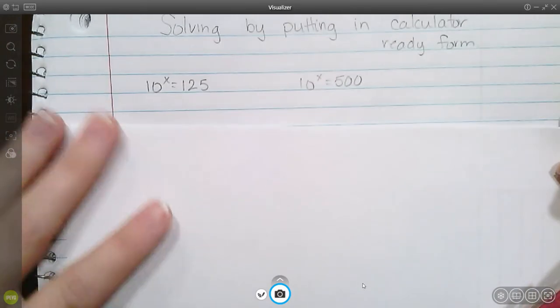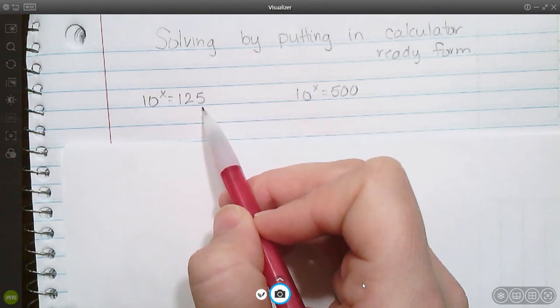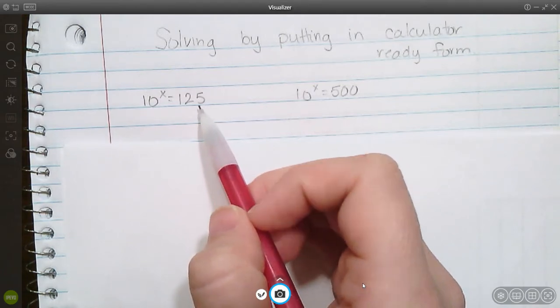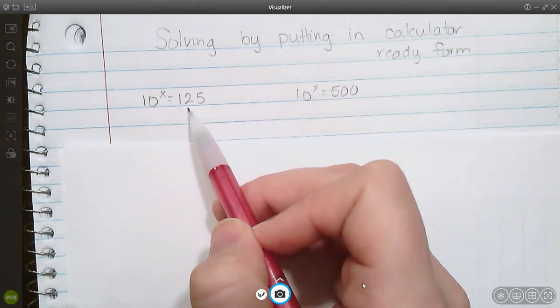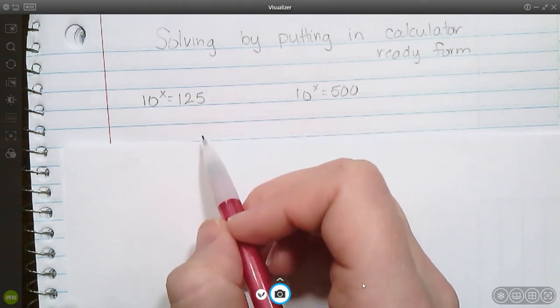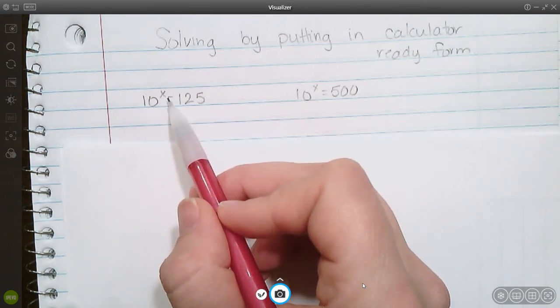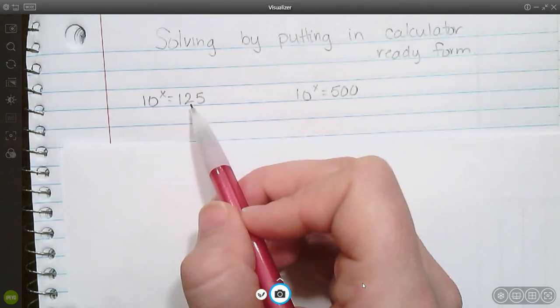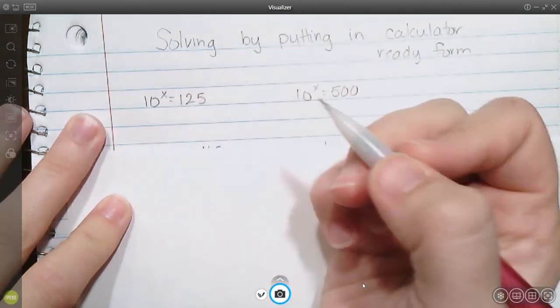Okay, so this one says 10 to the what gives you 125. On the last page, we had 10 to the x equals 100 or 1,000 or 100,000. We don't know 10 to the anything equals 125. It's going to be some decimal. So to figure these ones out, you have to put it into log form.